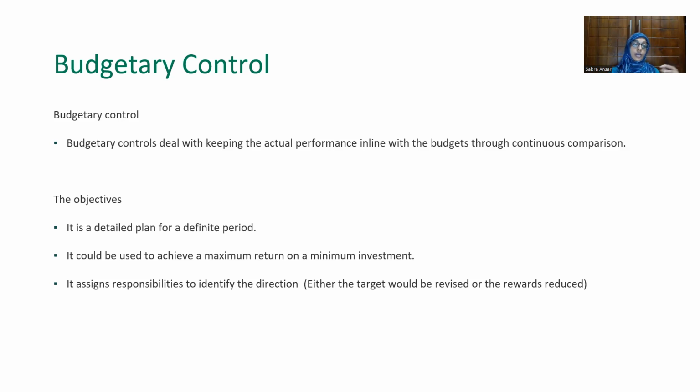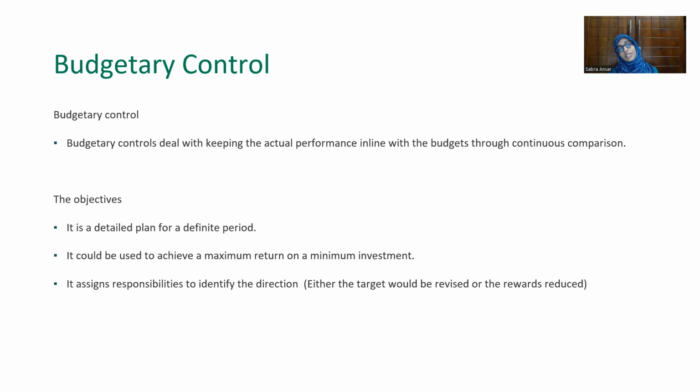So now we are trying to see what the objectives of having a budgetary control are. The objective is to have a detailed plan for a definite period, so you know what you're supposed to achieve within that specific period. Also it could be used to achieve a specific maximum return on a minimum investment.